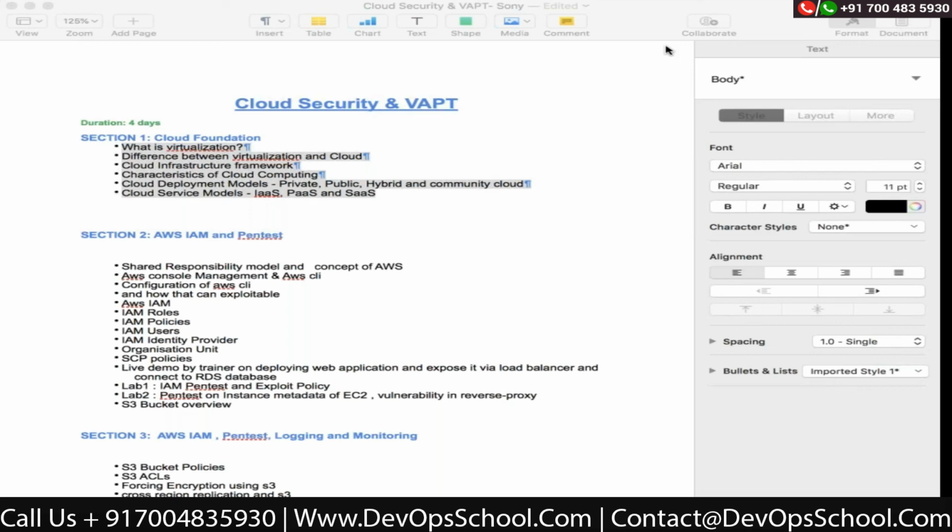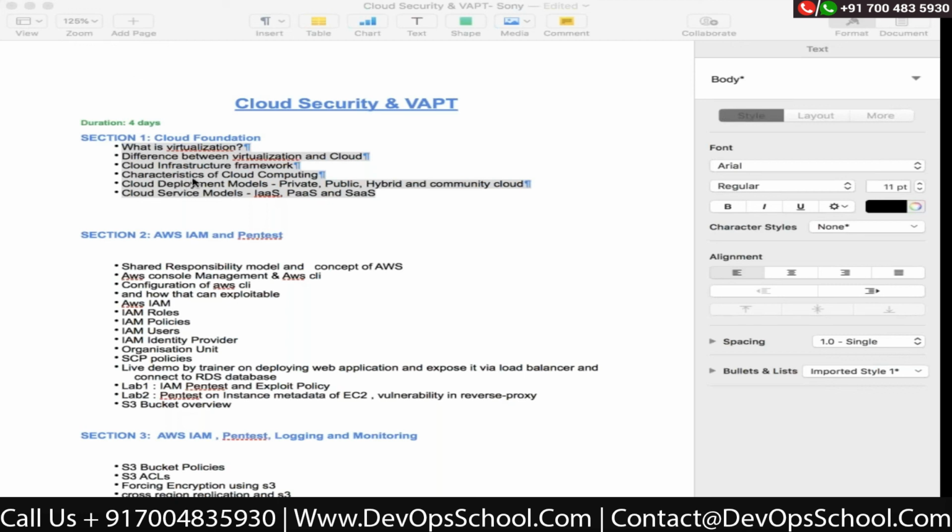So shared responsibility stands for where both the vendor and the user have a responsibility for security and managing the stuff in AWS.